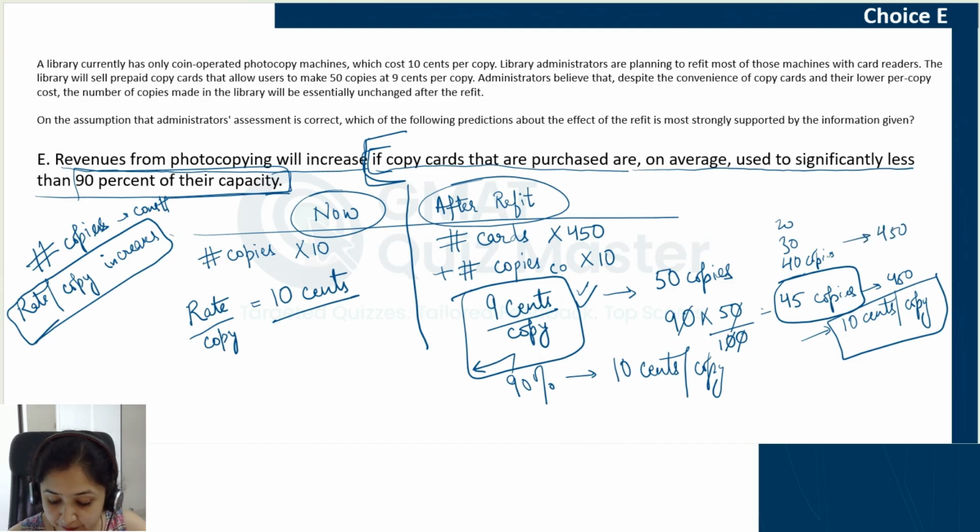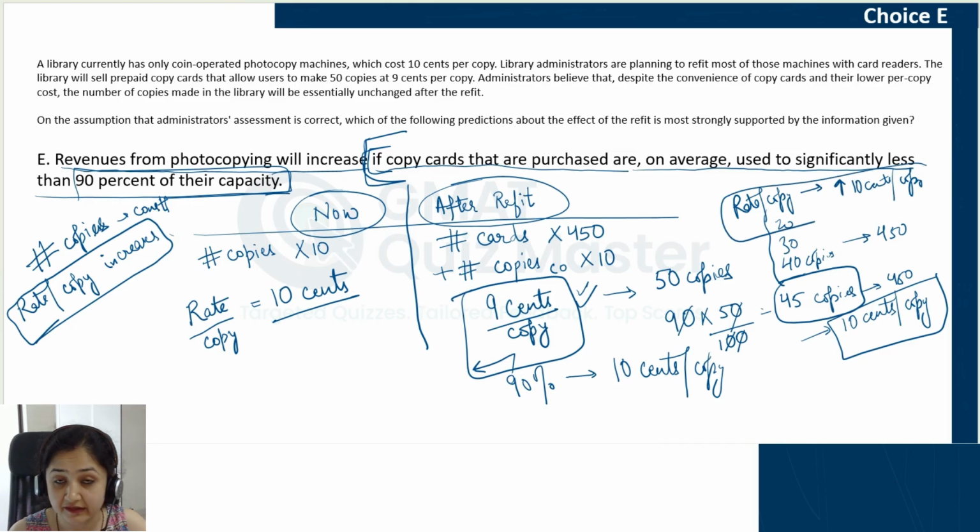In this scenario, the rate per copy will be more than 10 cents per copy. And this is the scenario that we are discussing. If people are utilizing on an average the card to significantly less than 90% of their capacity.